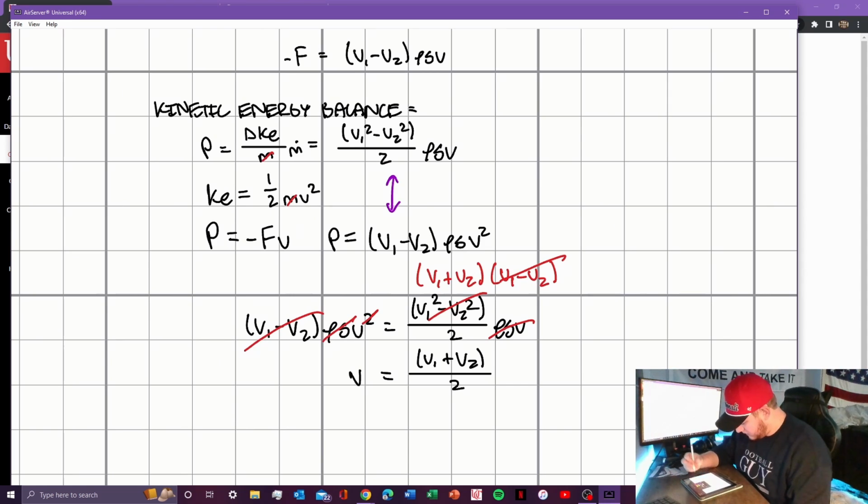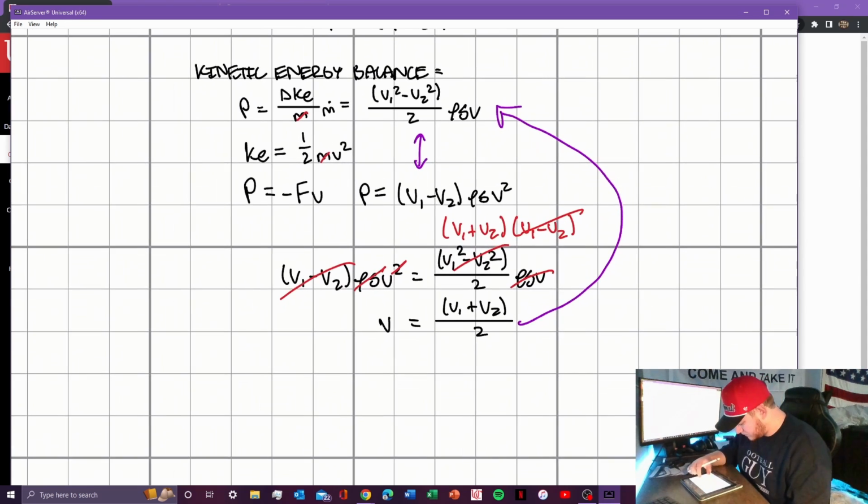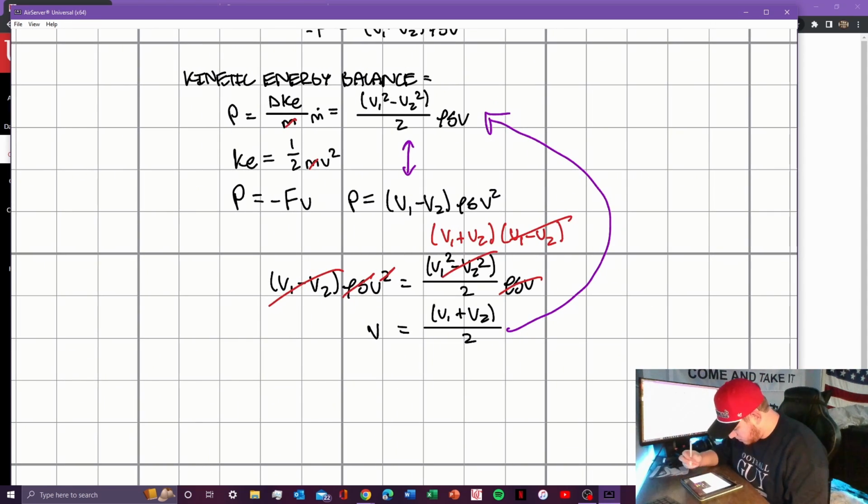So we can plug this equation for velocity right back into this equation up here. We are left with, let's put an arrow so we know where we are, V1 squared minus V2 squared all over 4.